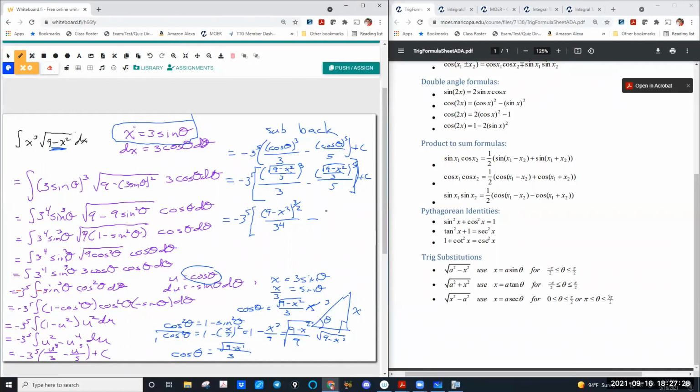Minus, right here, same basic thing, right? 9 minus x squared, except it'll be to the 5 halves over 3 to the 5th times 5 plus c. And if we distribute this negative 3 to the 5th, well, we have 4 3's here, and we're going to have 5 of them on top. That's going to cancel down to a minus 3 times 9 minus x squared to the 3 halves.